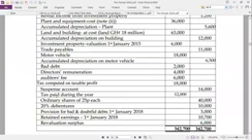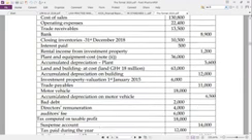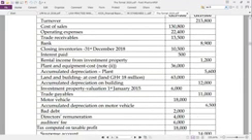Debtors figure or trade receivable. Okay, yes, so that is it. So 13,500. So 12% of this, and then you are done.